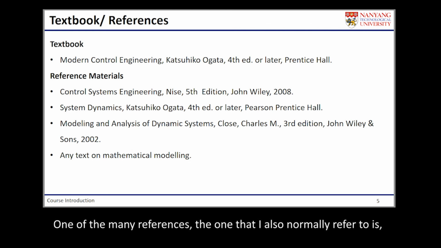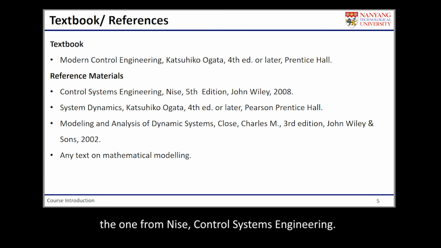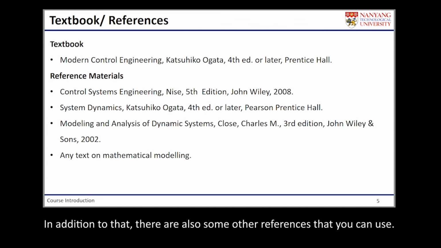Among many references, the one that I also normally refer to is the one from Nise, Control Systems Engineering. These two books, the first one from Ogata and the one from Nise, discuss not only systems but also how to design controllers.